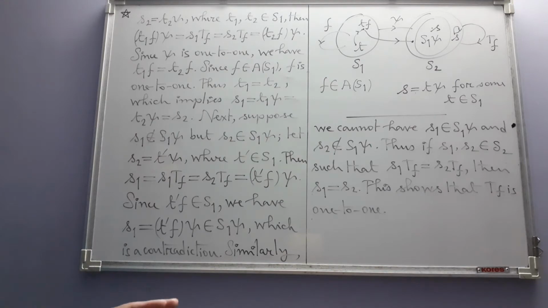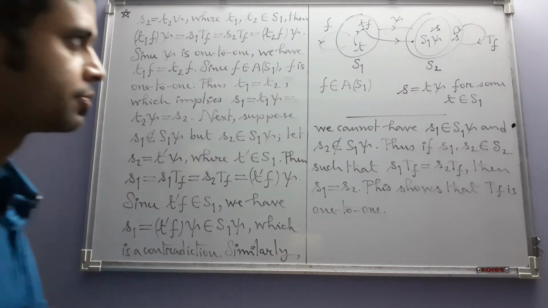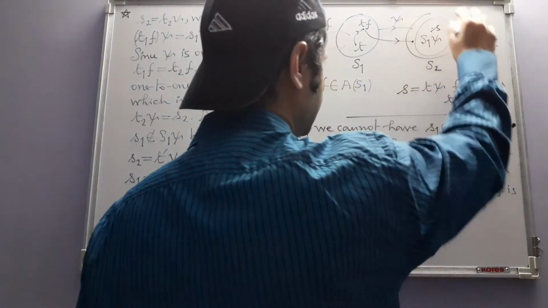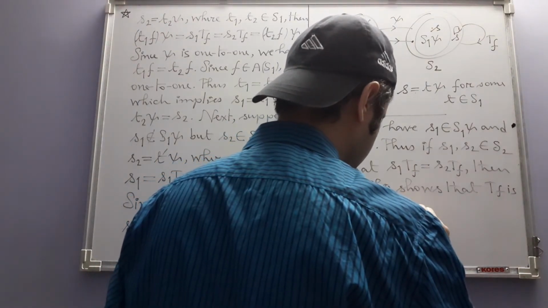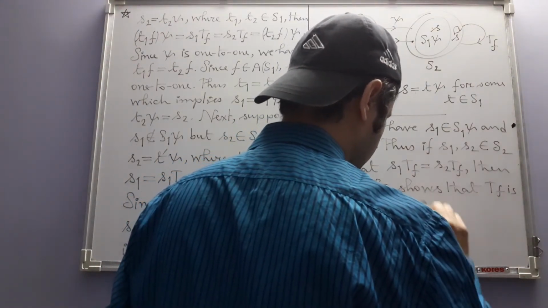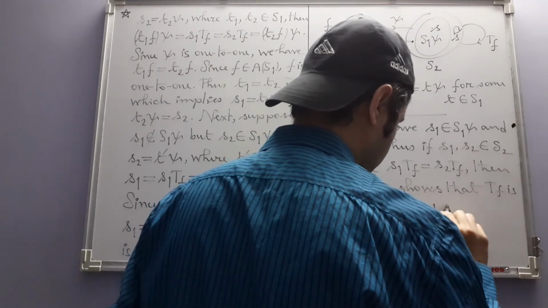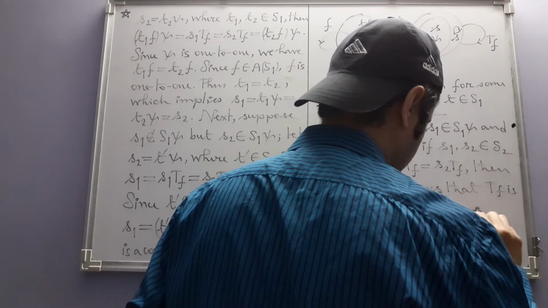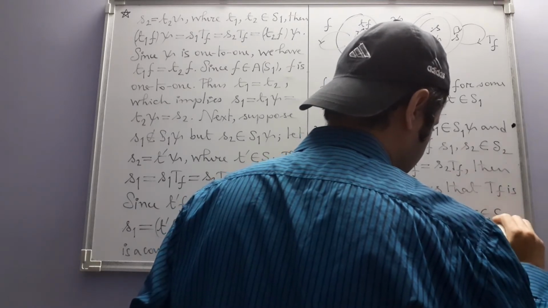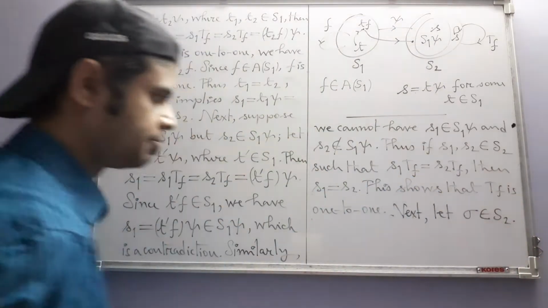Next, we want to show that TF is onto. So for that, let us choose any element here. Next, let sigma be any element in S2.